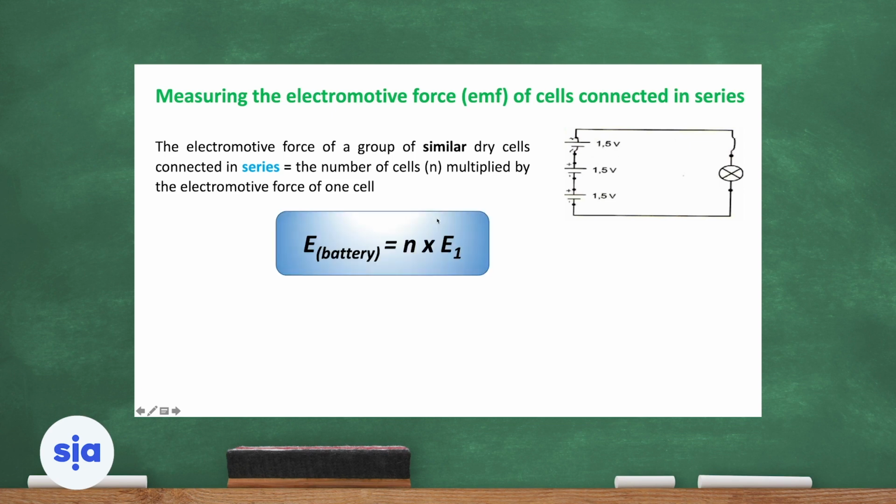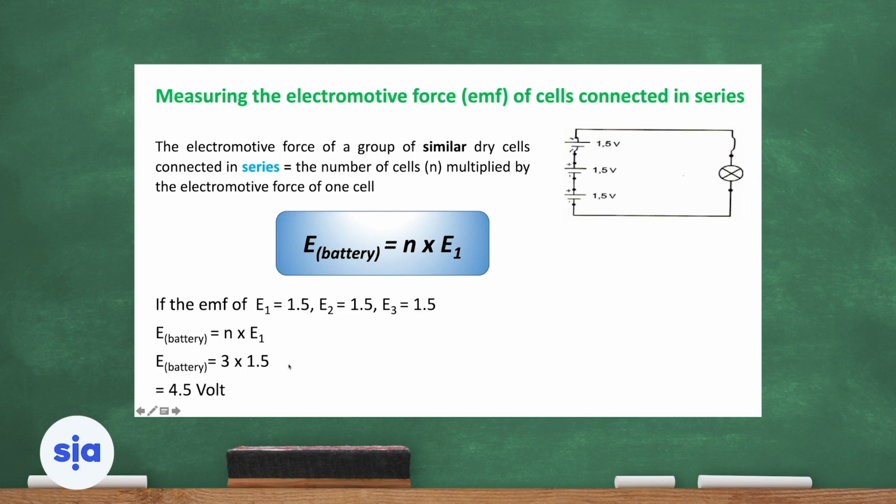So the electromotive force of the whole battery equals N, which is the number of the cells, times the voltage of one of them. We will take E1. So if E1 equals 1.5, E2 1.5, E3 1.5, the total electromotive force of the battery equals 3 cells, this is the total number of the cells, times 1.5 equals 4.5 volt.